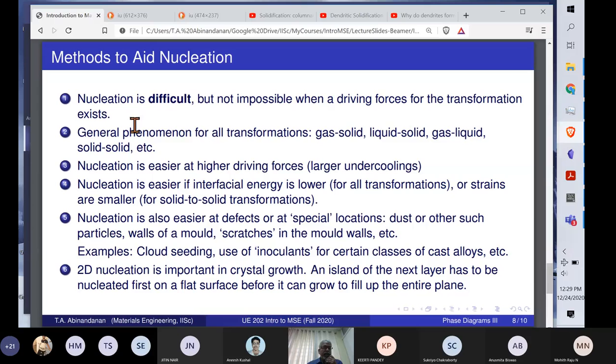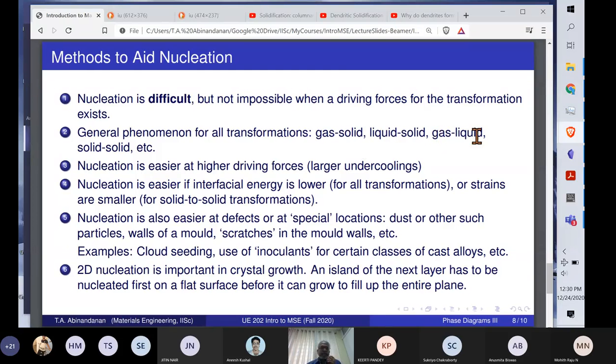Before doing that, we need to say this: it's a very general phenomenon for all kinds of transformations. In the case of crystal growth, from either the gas phase or the liquid phase, you are trying to grow a solid under controlled circumstances. You have to worry about nucleation, and you have to create conditions that make nucleation easier.